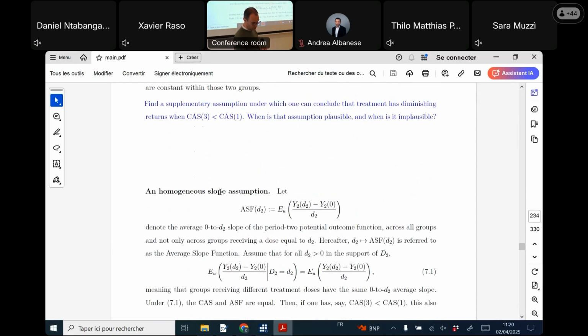And so that's what we call a homogeneous slope assumption. So we're going to denote the average slope function here as the same thing as the conditional average slope function, but where we don't condition on the subgroup of people that got a dose equal to D2.